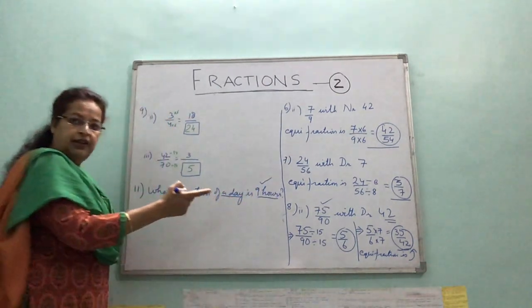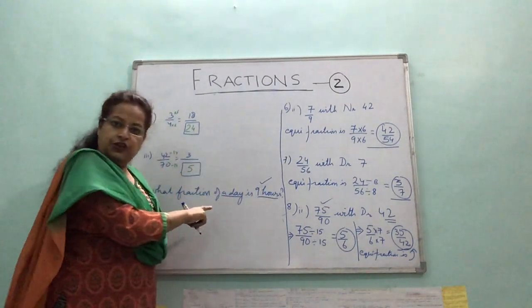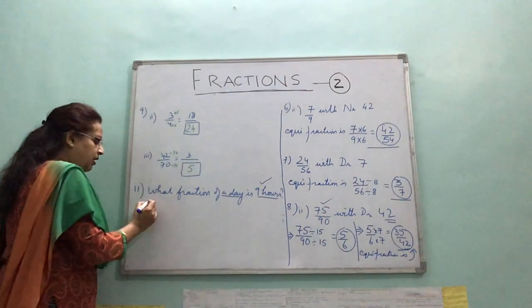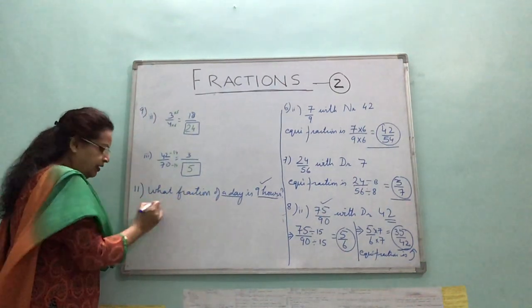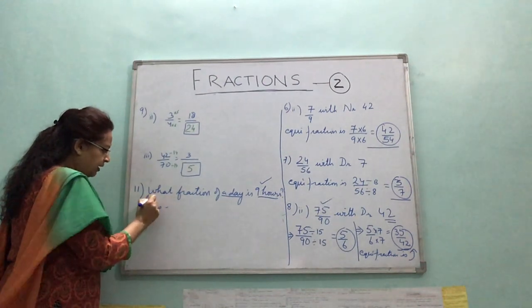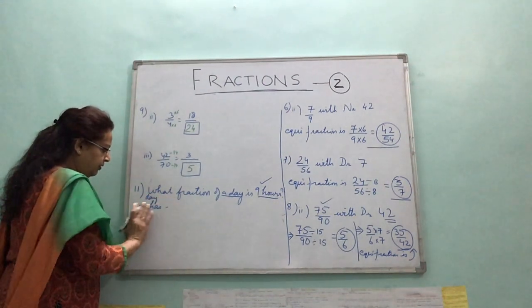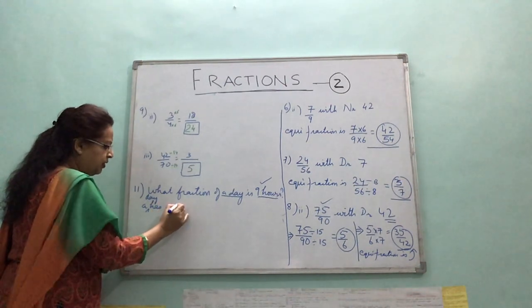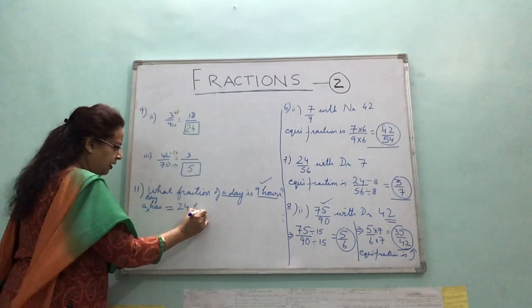So I have to express 9 hours as a fraction of a day. Well, a day has how many hours? A day is equivalent to 24 hours.